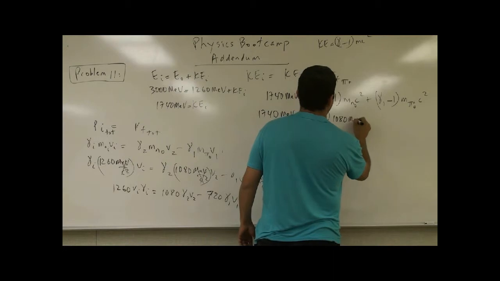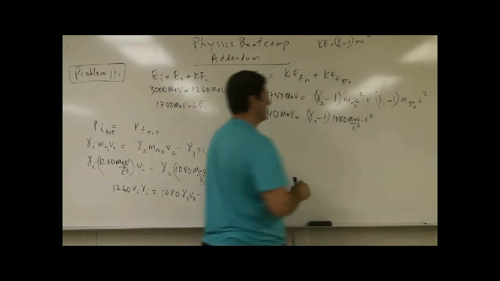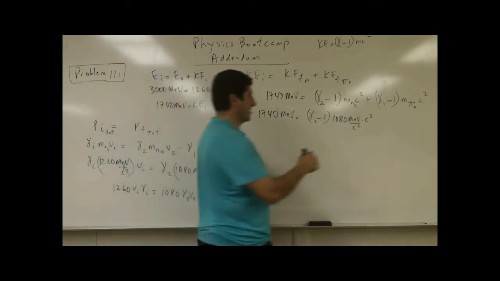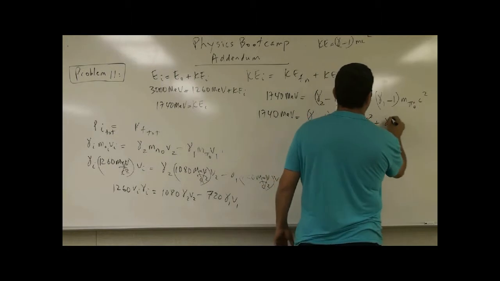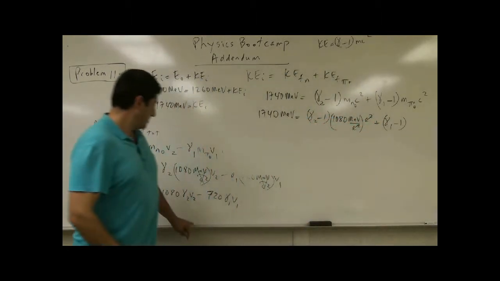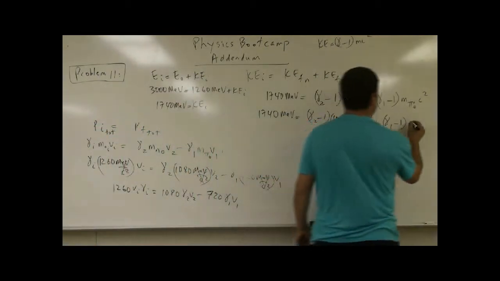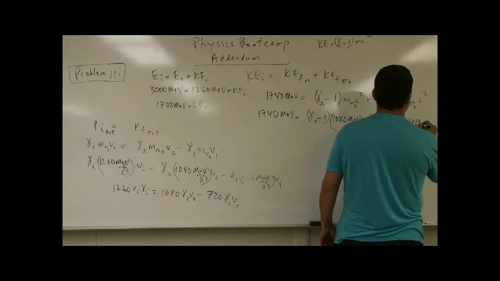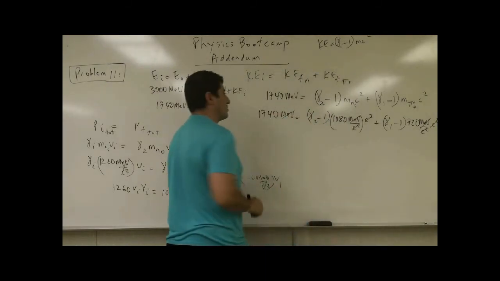1080 mega electron volts over c squared times c squared. What happens? C squared cancels, right? And then gamma 1 minus 1, and then mass of the pion, that's going to be 720 mega electron volts over c squared times c squared. Mega electron volts cancels.